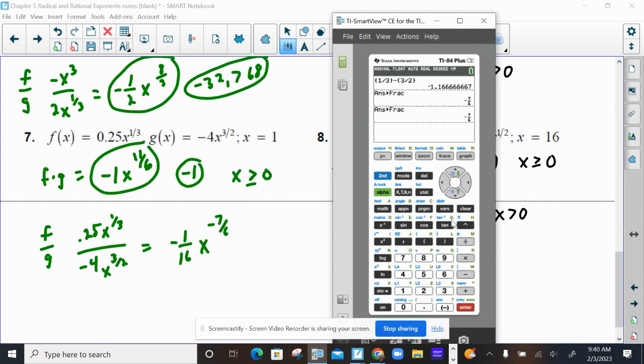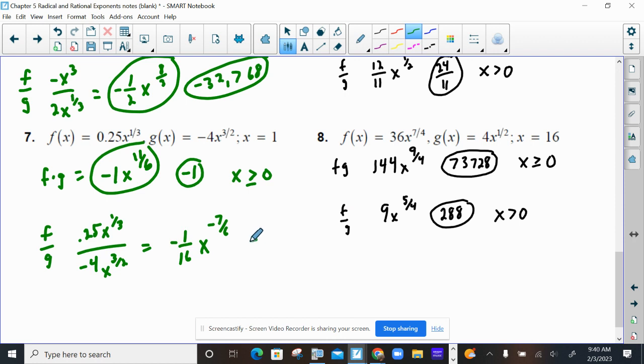So then my last thing I need to do is they tell us to replace this with a 1. And if you replace this with a 1, this whole thing, again, this part comes out to 1. So you're just left with negative 1 over 16.